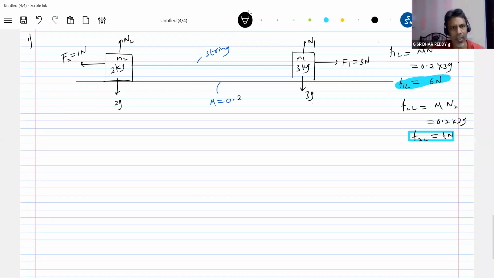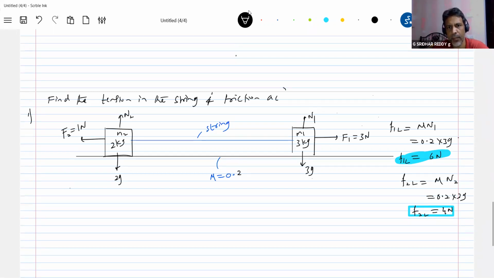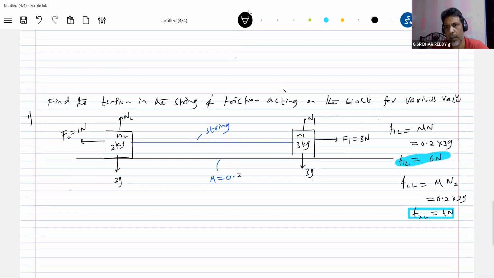So what I'm going to ask you: find the tension in the string and friction acting on the block for various values of F1 and F2.